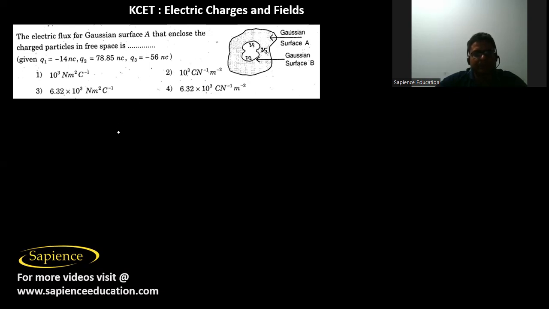The net electric flux for the Gaussian surface A will be equal to Q enclosed by epsilon naught. So the net charge enclosed by the Gaussian surface A, that we have to find.